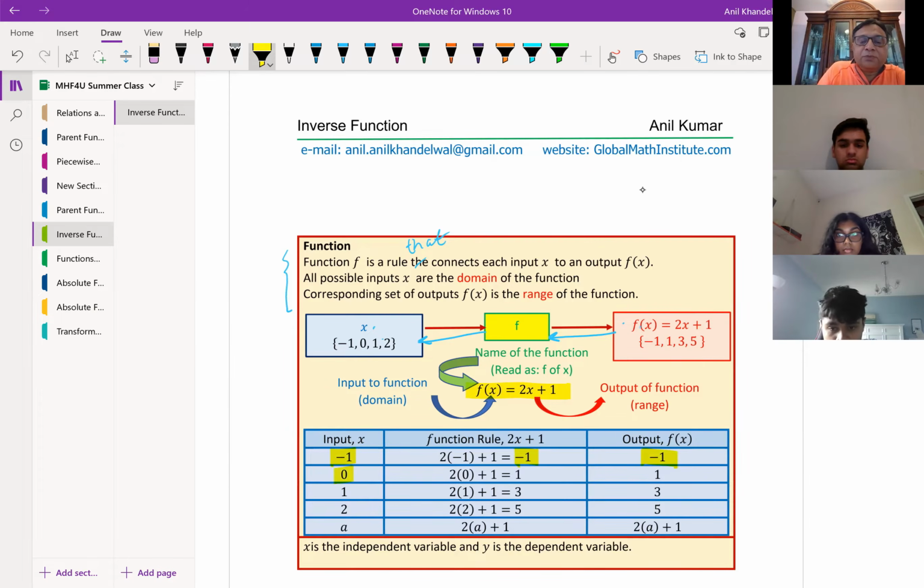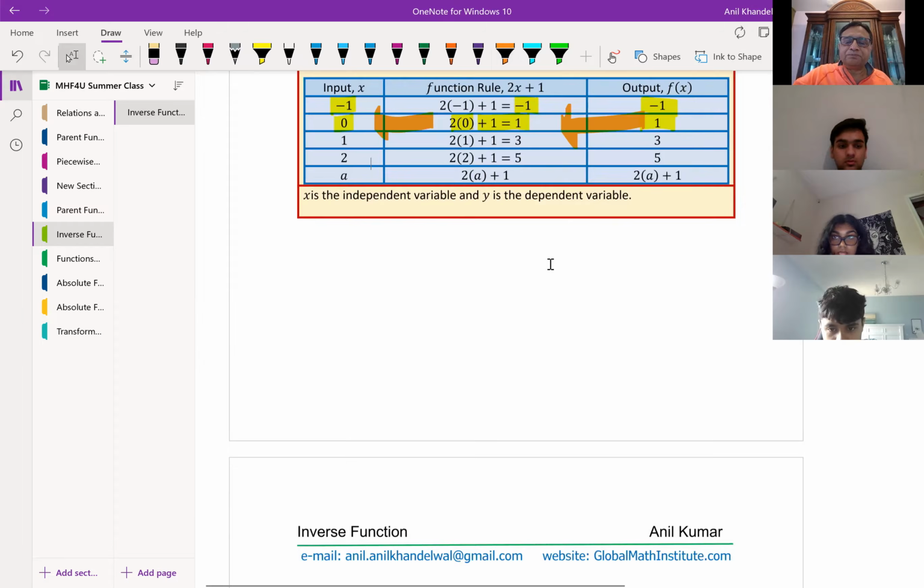If I feed in 0, in that case, 2 times 0 is 0 plus 1 is 1, and I get 1 as my output. Likewise, we can have different outputs for different inputs. The idea is, if I feed in 1, then do I get 0? That will be the inverse operation. Is this clear to you? So that is what we are going to look into now.